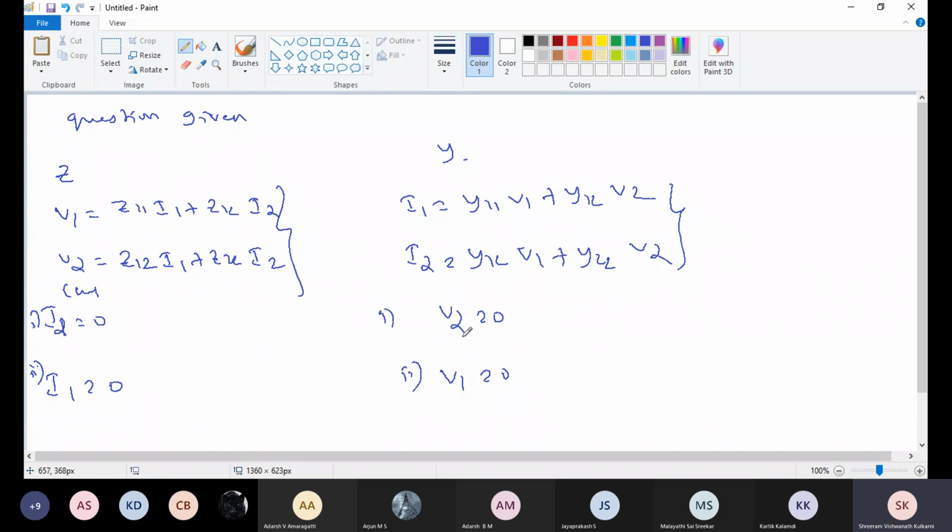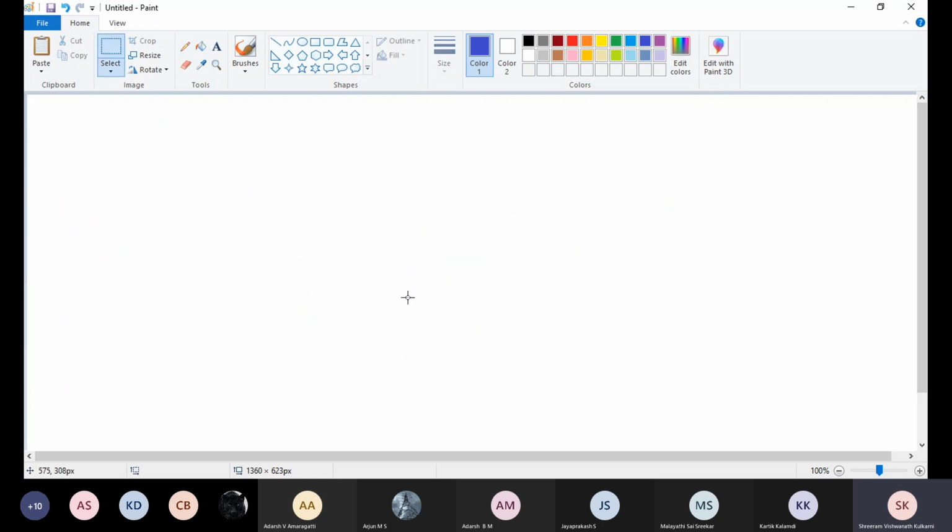Then calculate the admittance parameters, that is Y11, Y12, Y21 and Y22. This is simple.